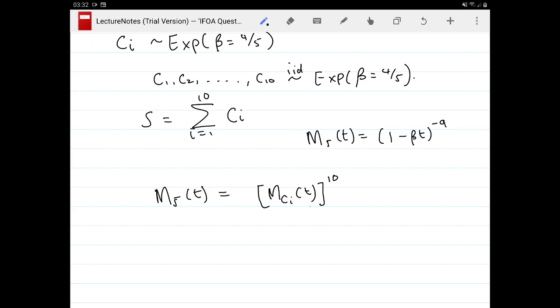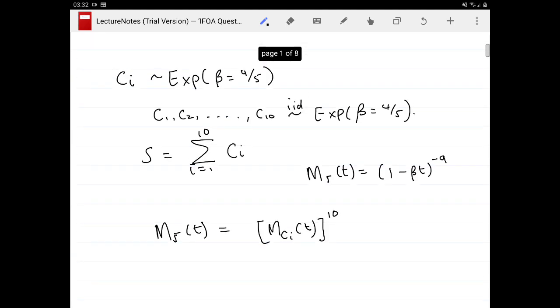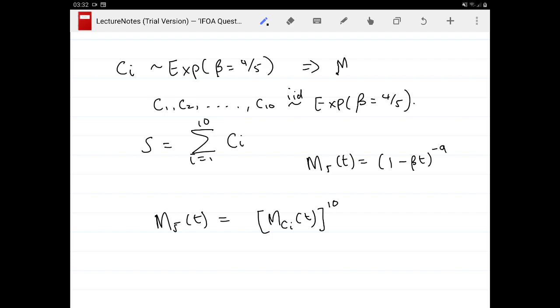So now we need to know what the MGF of C_i is, and because we have an exponential distribution, we know that the MGF of C_i as a function of t is 1 minus beta t to the power of minus 1, where beta is 4.5.